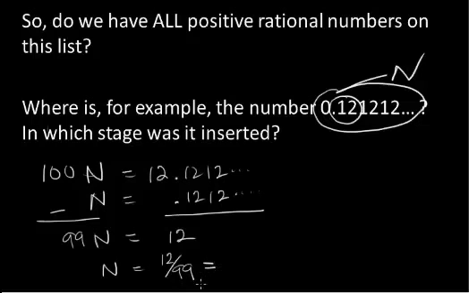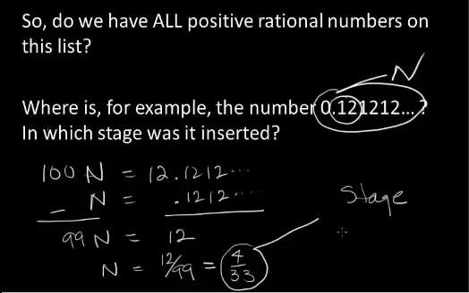It wasn't between 98 and 99, because if we reduce this and divide by 3, we get 4 over 33, which is reduced. So this number was put on the list in stage 2, between 32 and 33. Those were put on in stage 1, all of the natural numbers.